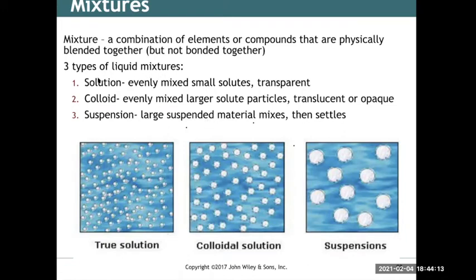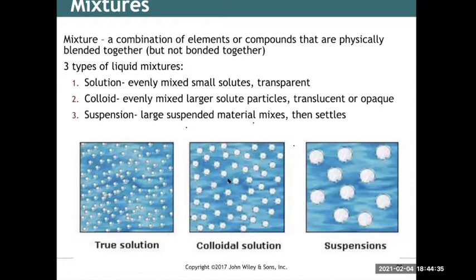And what we just talked about here was a solution: evenly mixed small solutes, and the fluid that solution would make, if it was a pure solution, would be transparent, right? If there's a little bit of bigger solute particles, they're still going to be evenly mixed, right?